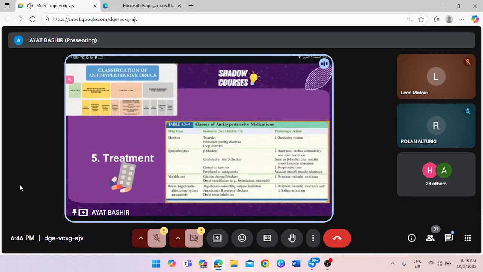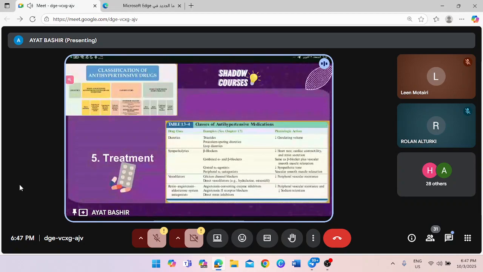Okay, we have four main classes we can say. First, the diuretics, which are responsible for the volume. So if we want to decrease volume, we use diuretics. And if there is any problem with the heart or the cardiac output, we'll use the sympatholytics, like beta blockers, alpha and beta blockers, and central alpha 2 agonists.